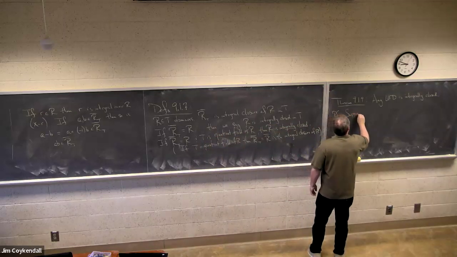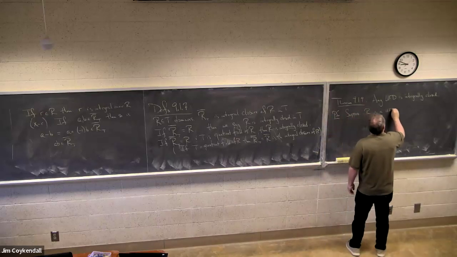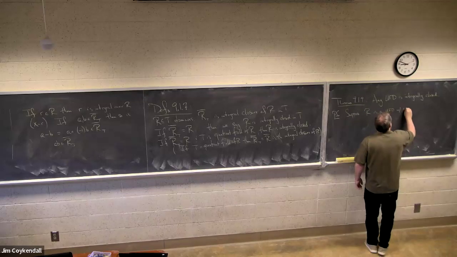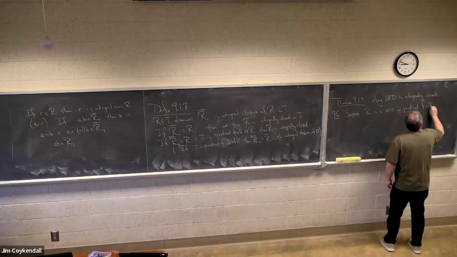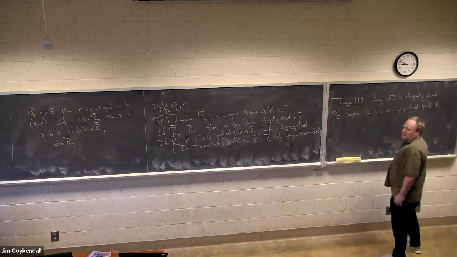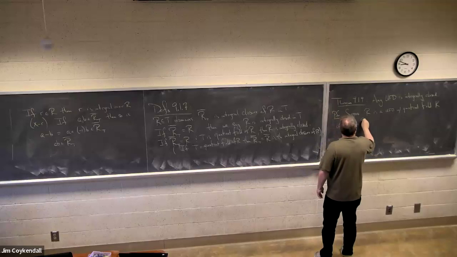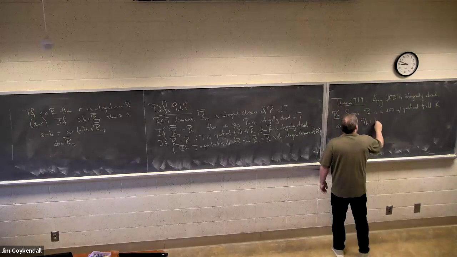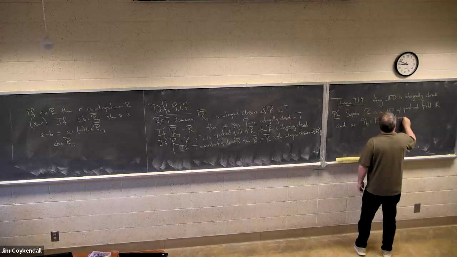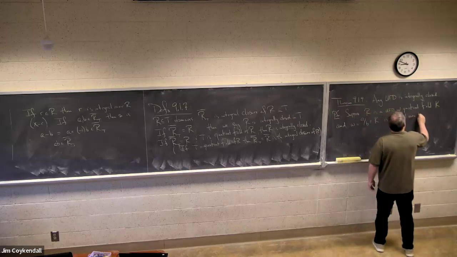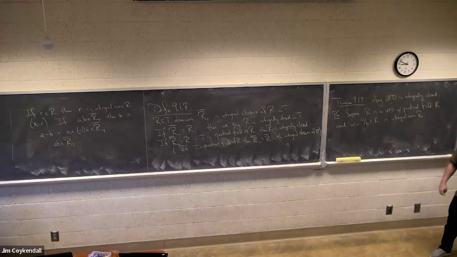Suppose R is a UFD with quotient field K, and omega is A over B and is integral over R. So suppose we find this integral element.